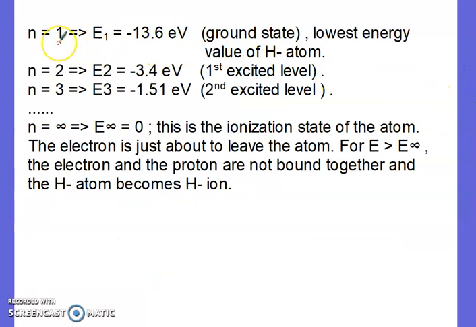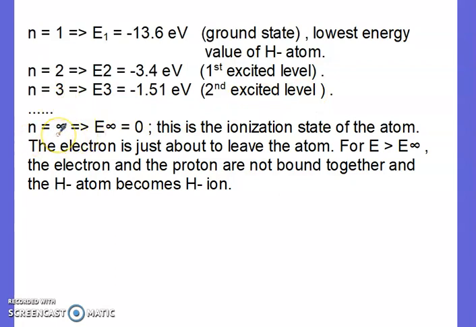Now for n equal to 1, you get E1 equal minus 13.6. This is the lowest energy value. We call it what? Ground state. For n equal to 2, you get the energy of the first excited state, or first excited energy level. n equal 3, minus 1.51, second excited level, and etc.